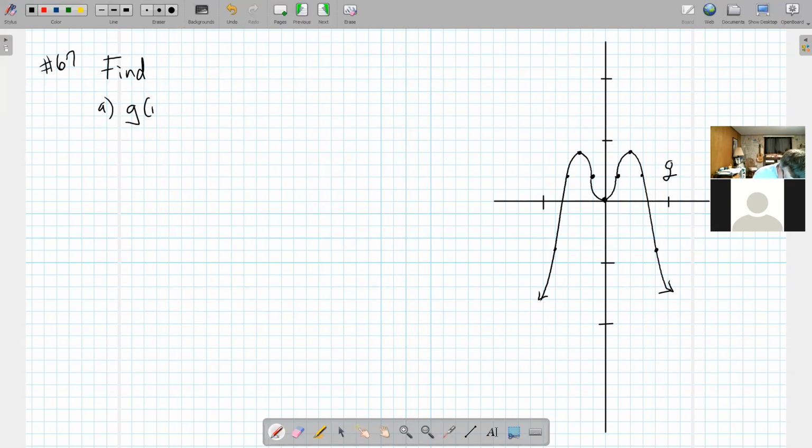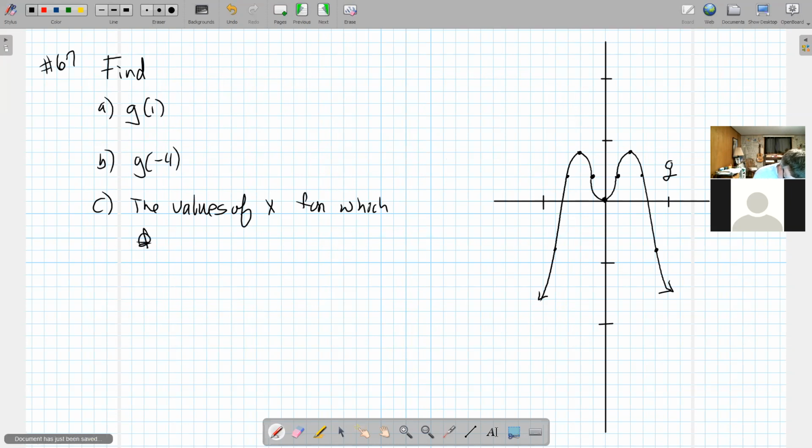Find g of 1, g of negative 4, the value or values of x for which g of x equals 4, and d, find the domain and range. So it puts all the different questions together in one problem.